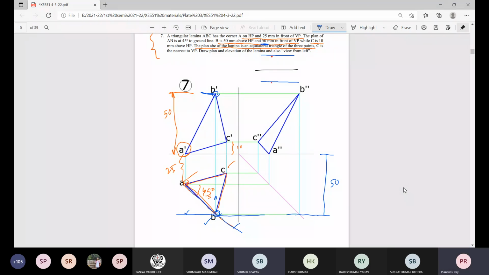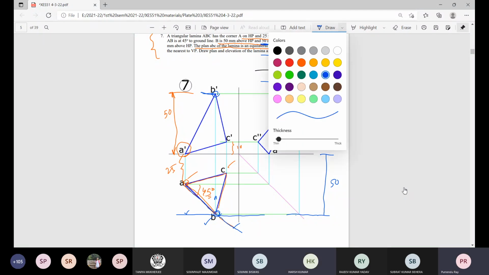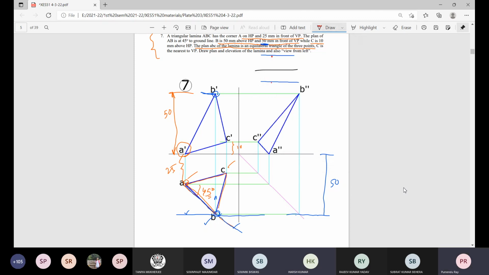Okay? Then what about C? ABC is an equilateral triangle. So once AB is determined, how to get the point C? Because that is the clue. ABC is an equilateral triangle. So AB is known.